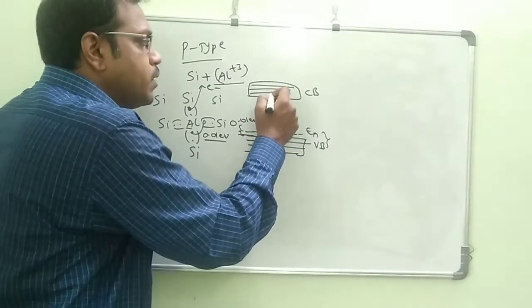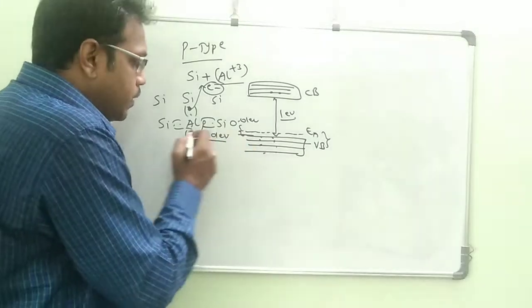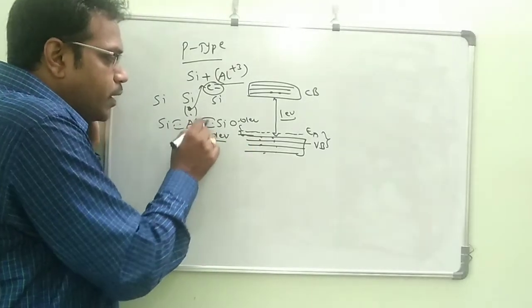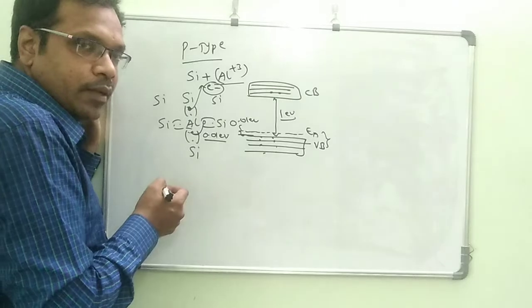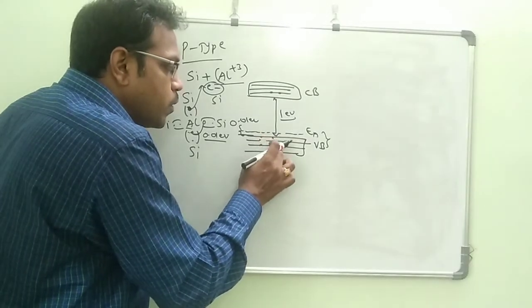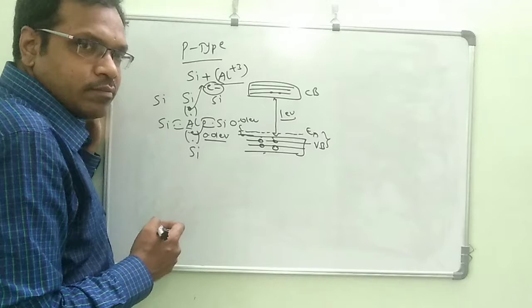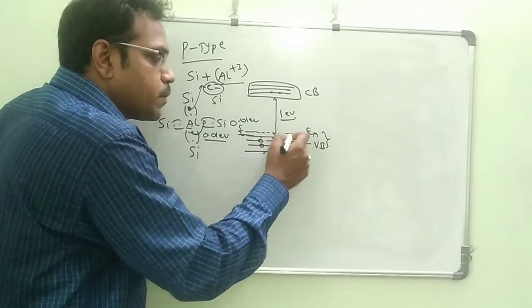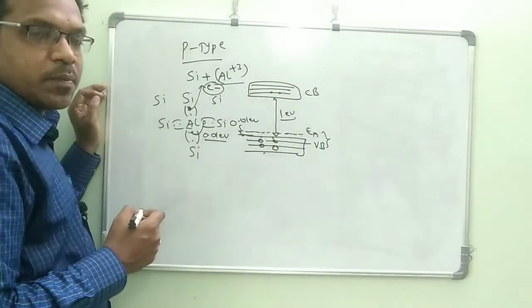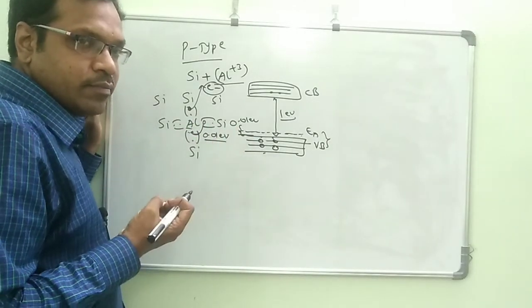The neighboring electrons want to jump into that acceptor level, so some holes will be there. When they jump into this acceptor energy level, it is ready to accept the electrons.